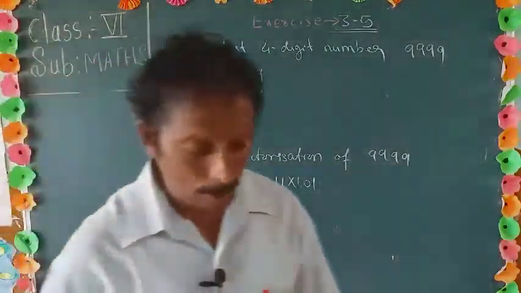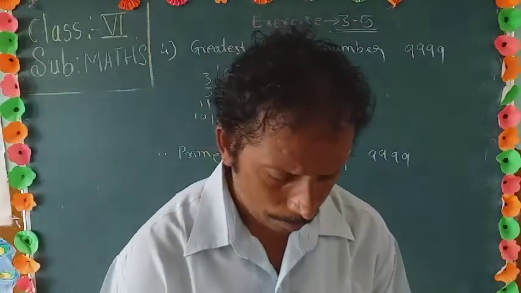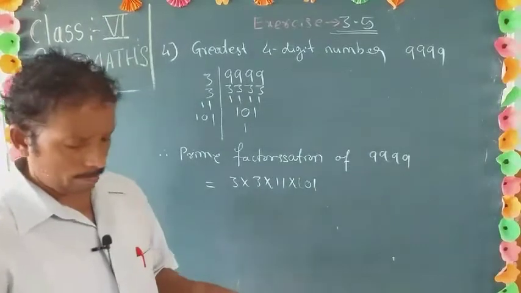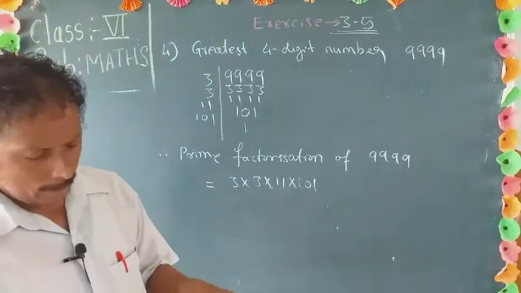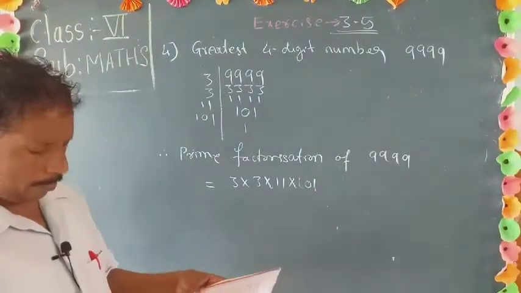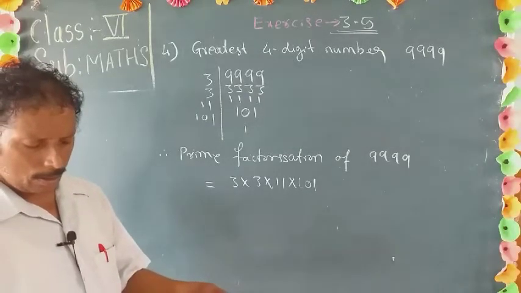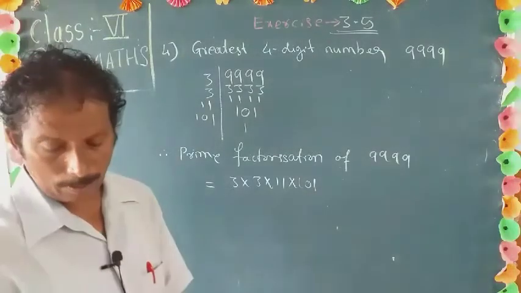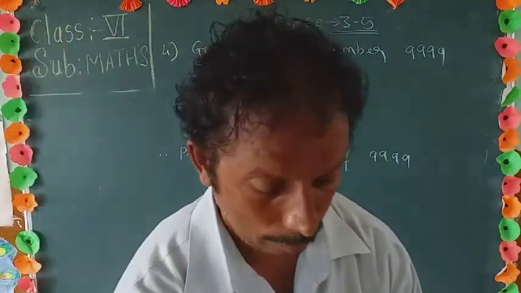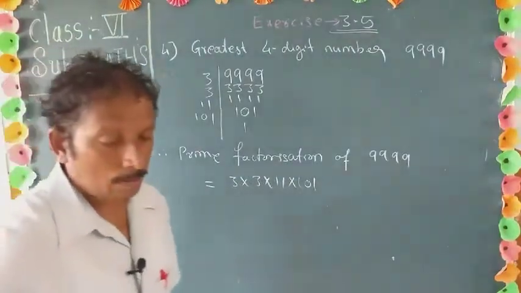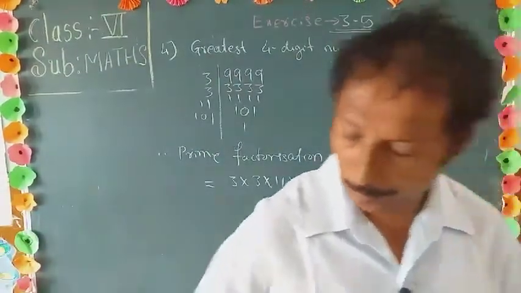Next, question number 5. The question is, write the smallest 5-digit number and express it in the form of its prime factors. Smallest 5-digit number.